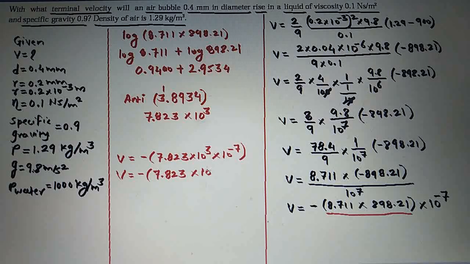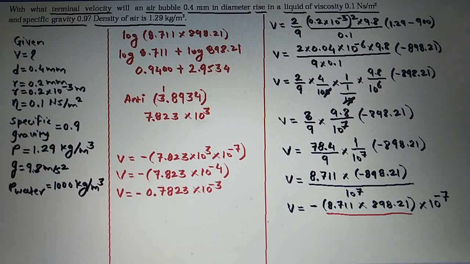It will be 10 raised to minus 4. Then we can write this V as minus of 0.7823 into 10 raised to minus 3.